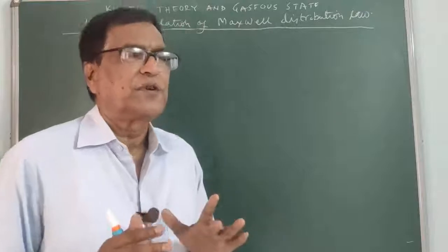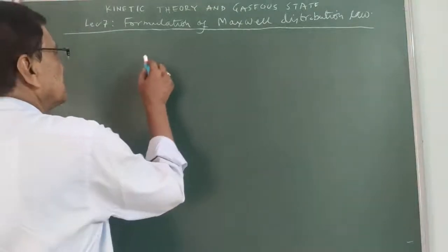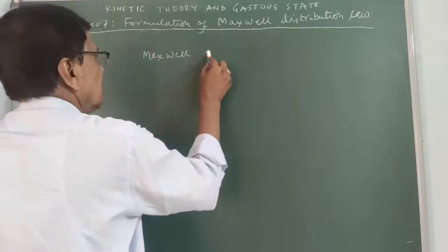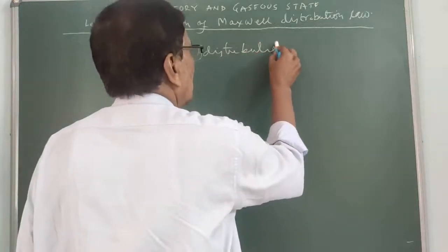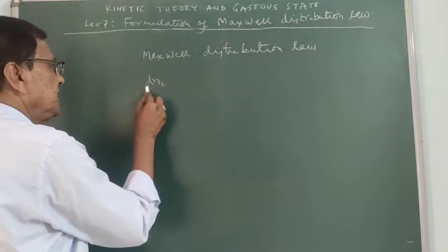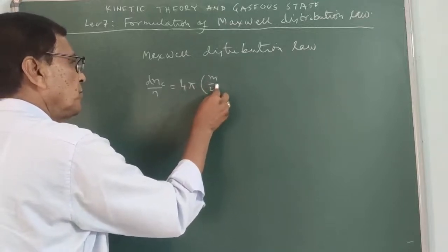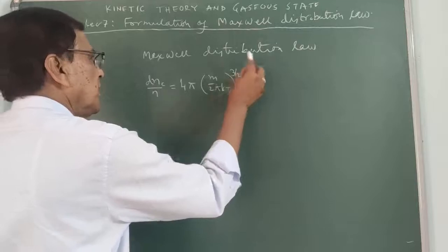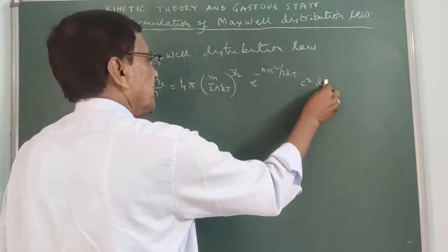And the distribution law, if I could write the distribution law first before going to formulation, the Maxwell distribution law is that dNc by N equal to 4 pi times m by 2 pi kT to the power 3 by 2, and e to the power minus mc square by twice kT, c square dc.